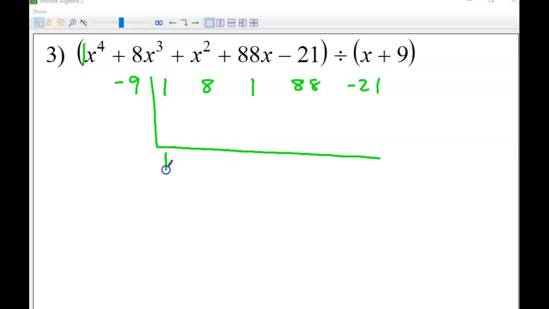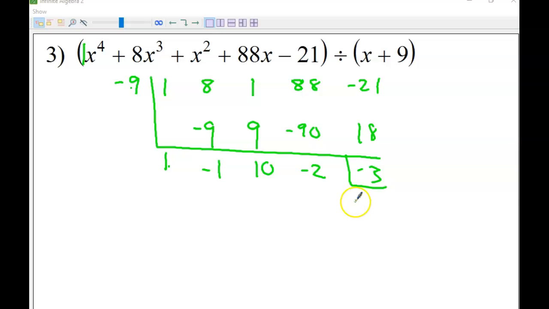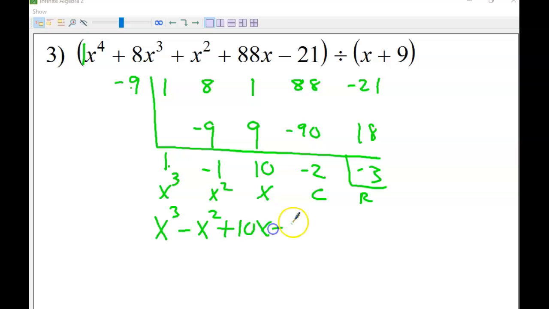So it's going to be bring down the 1, multiply, add down, multiply, add down, multiply, add down, multiply, add down. This is my remainder, my constant, my x squared, and my x cubed. So we have x cubed minus x squared plus 10x minus 2, and then plus negative 3 over my divisor, which is x plus 9.